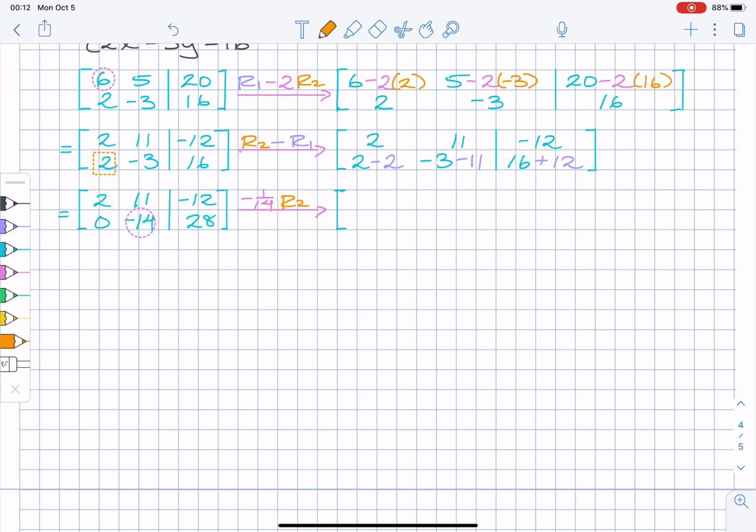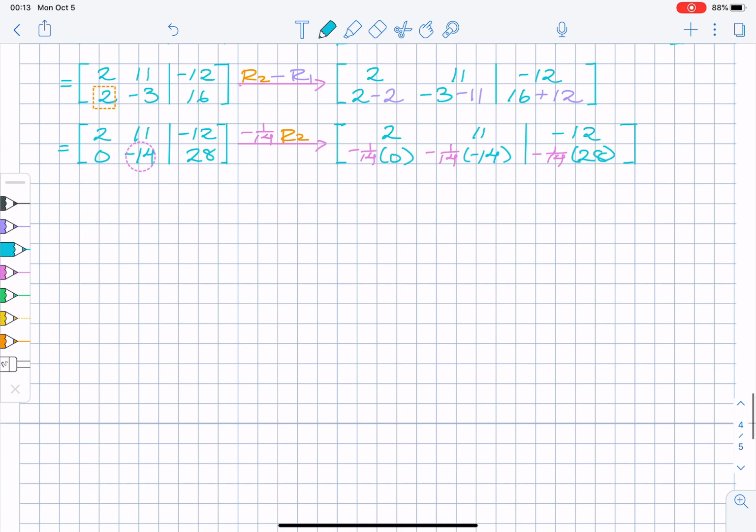So I have negative 1/14 times 0, negative 1/14 times negative 14, augment, negative 1/14 times 28. Okay, row 1 is still 2, 11, and negative 12.